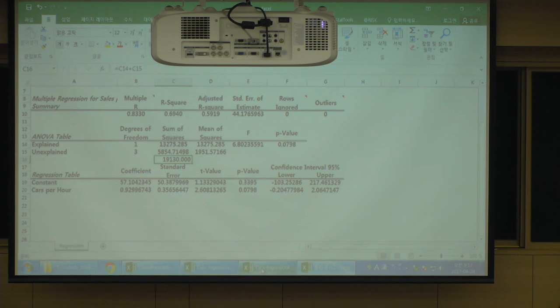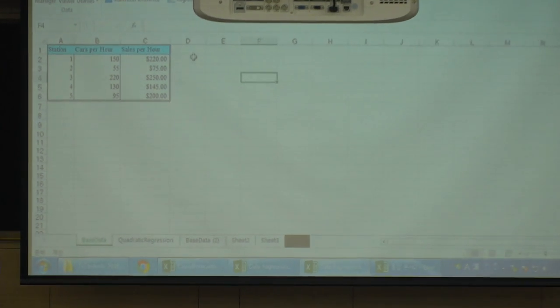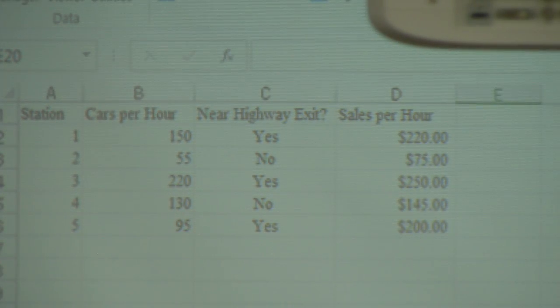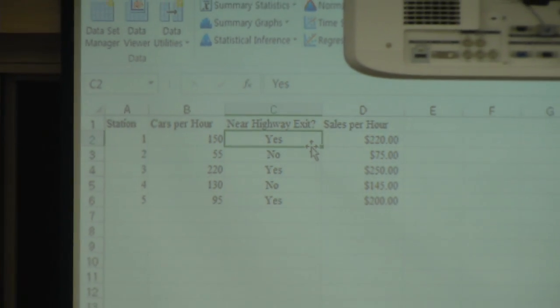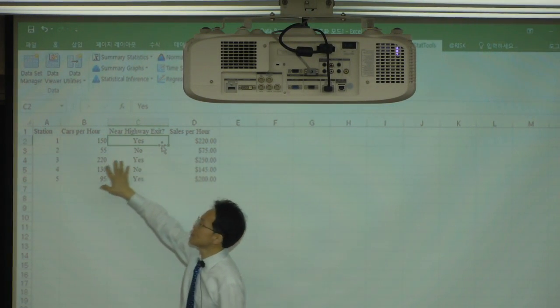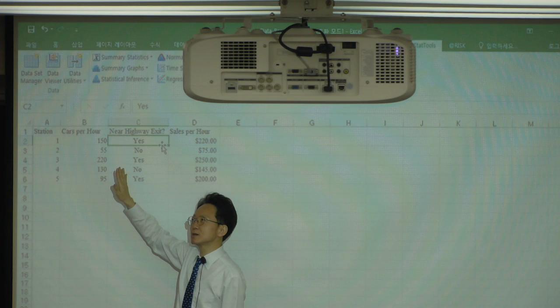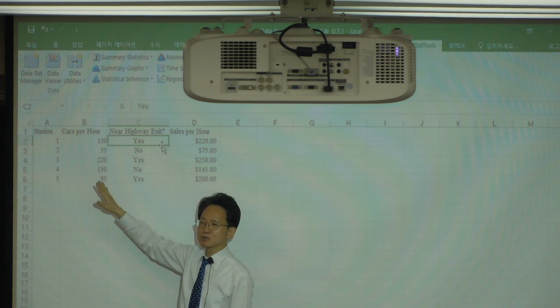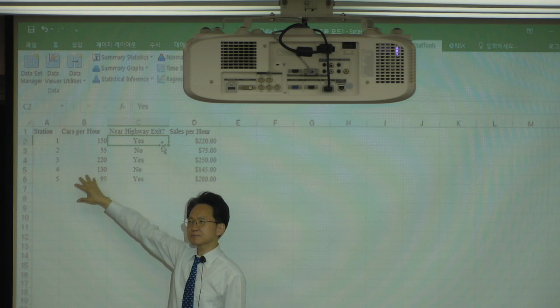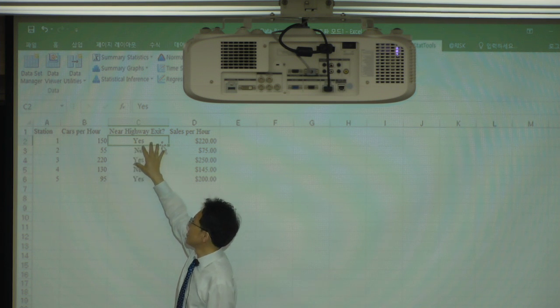Very good. And then we talked about the possibility of whether we have a highway exit or not. That's what I mean by your creativity. You start with the relationship between sales and number of cars, but after that, you realize that you are interested in another, more advanced model, because whether the store is near the highway exit might affect the relationship.